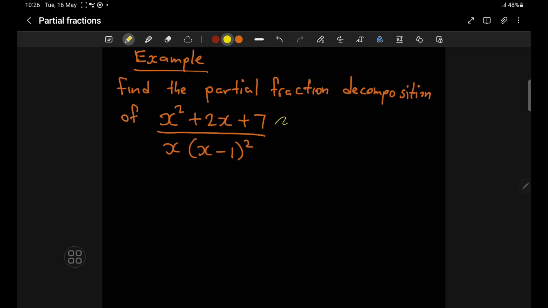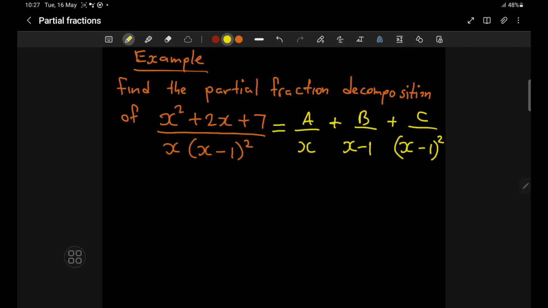Our decomposition in this case will take the form a over x, which is the first term there, plus b over x minus 1, then the next one will carry the square as well, x minus 1 squared. So we've decomposed it. Now we just need to find the values of a, b, and c.